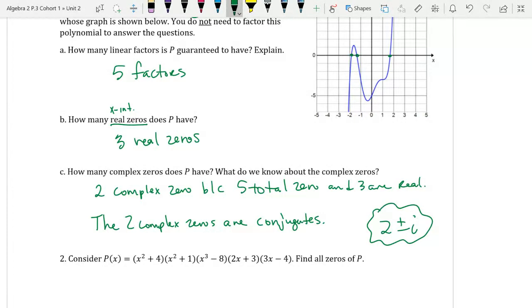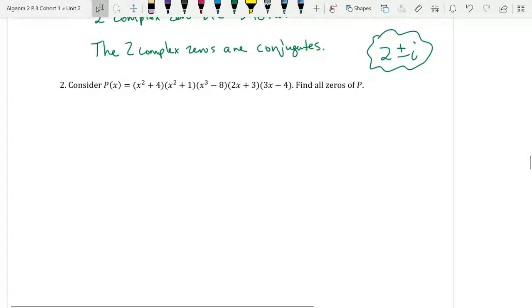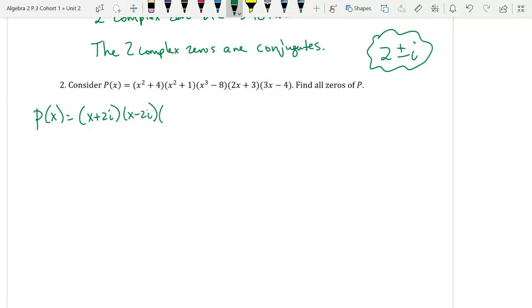All right, number 2 says find all of the zeros. This is a factored polynomial for the most part. There's one piece we do have to factor. So let's factor everything we possibly can. If we factor over the complex numbers, x squared plus 4 becomes x plus 2i, x minus 2i. X squared plus 1 is x plus i, x minus i.